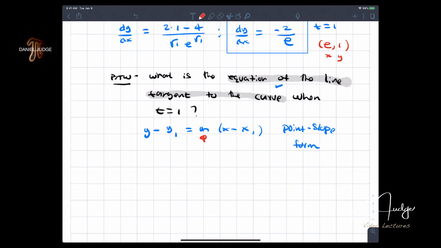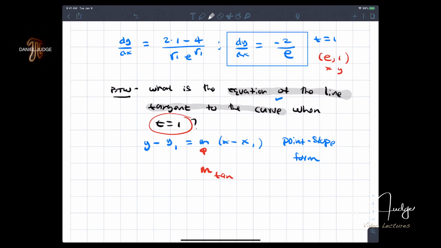Since this is a by the way question, we're using the same setting. We're finding the equation of the line tangent to the curve when t here is 1. Now, this is why you need to know the locations here, because when t is 1, we got the x coordinate and the y coordinate.